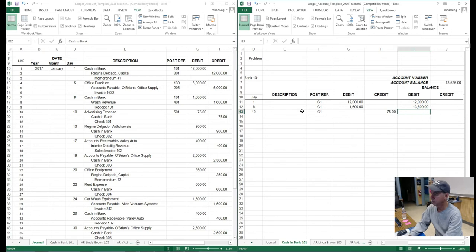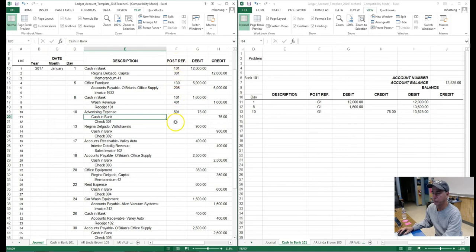It's not a credit balance. We are simply going to take the previous balance, debit balance of $13,600, but now we have a credit of $75, so we're going to subtract that credit. And so now we have $75 left, but it's still a debit balance. Come back and put in that post reference to account 101 and move on to the next journal transaction, withdrawals.